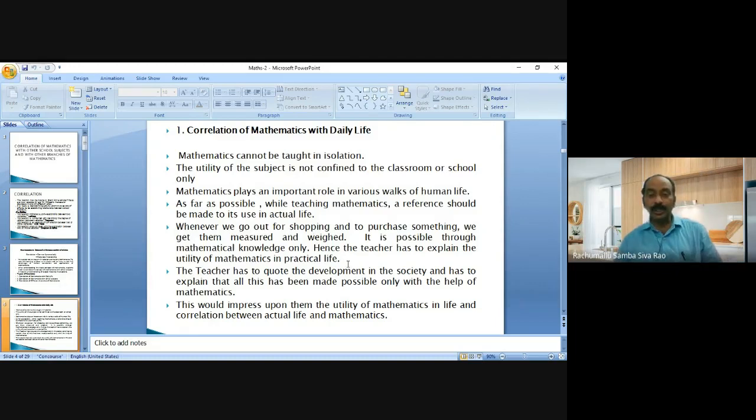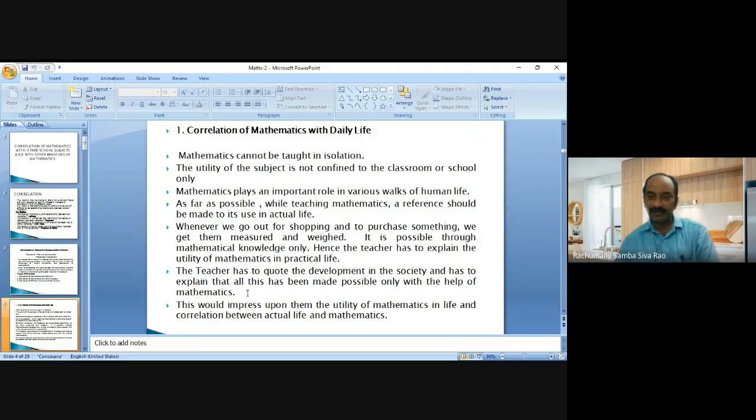Then only a student will participate in the teaching learning process with a very positive attitude, very interestingly. So the teacher has to quote the development in the society and has to explain that all this has been made possible only with the help of mathematics.